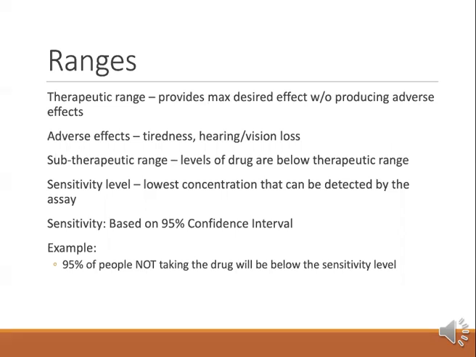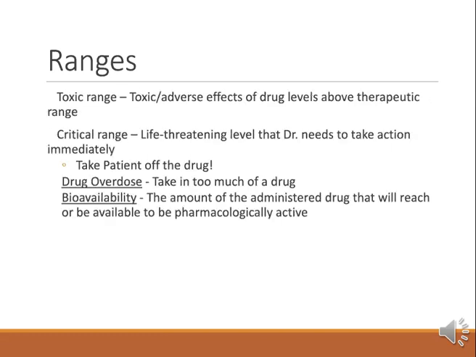A sensitivity level is the lowest concentration that can be detected by the assay, right? And usually it is based on 95% confidence interval levels. So that means that 95% of the people not taking the drug will be below the sensitivity level. A toxic range are when there are toxic or adverse effects of the drug above the therapeutic range.